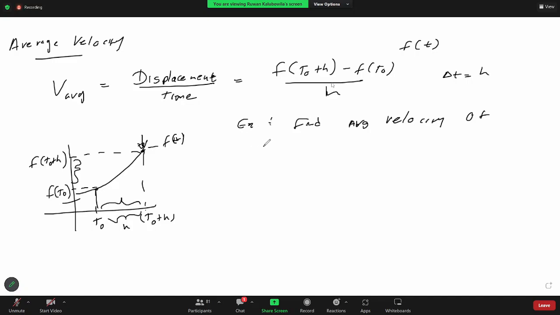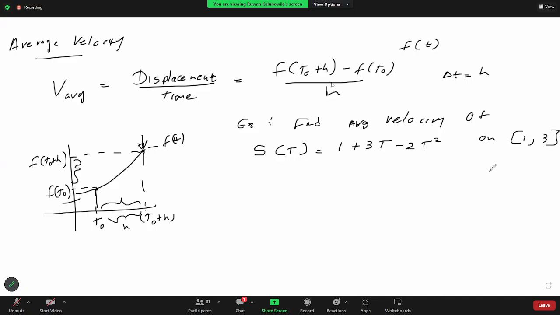Let's take this as a displacement function, so it's better to represent it as s. s(t) equals 1 plus 3t minus 2t squared. Right. This is the function. You have to find the average velocity on this range, that is 1 to 3. Right. This is the time interval that you have to consider. Within this time period, you have to find the average velocity.